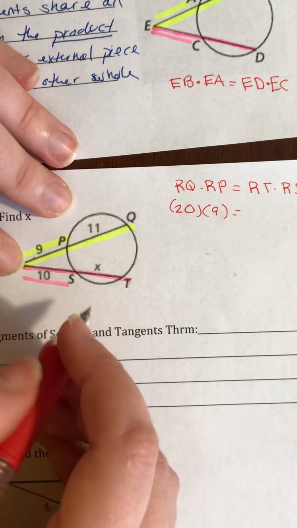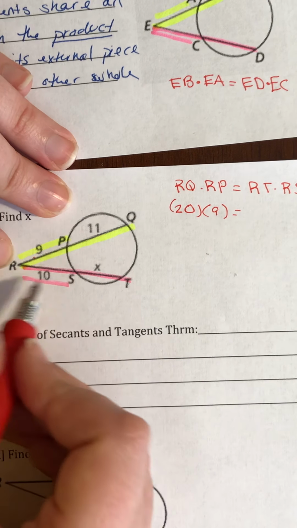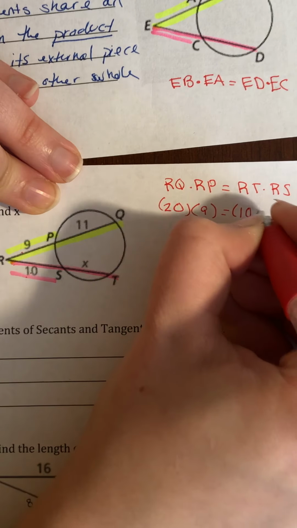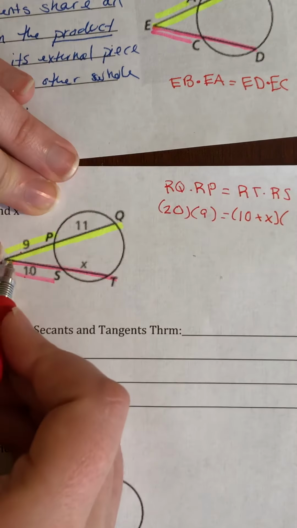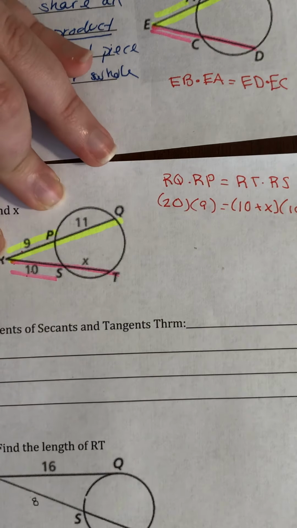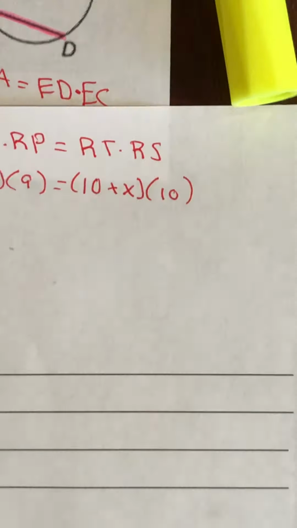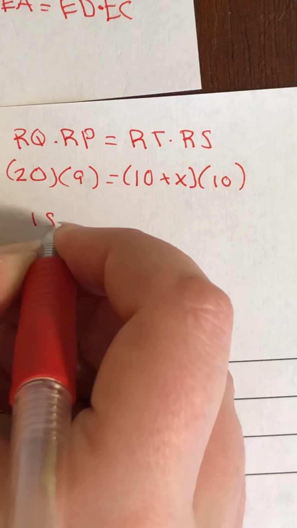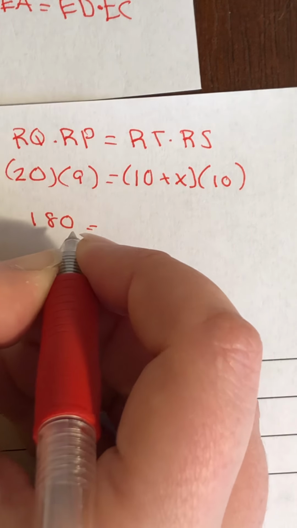Now we want to be careful. What is RT? It's the two pieces together. So 10 and X together are 10 plus X. And then RS is 10. So let me zoom in and we'll work through this. So 20 times 9 is 180.